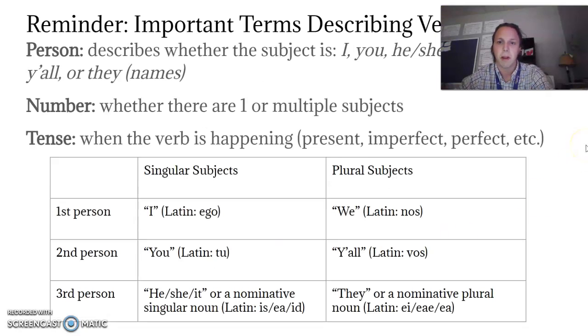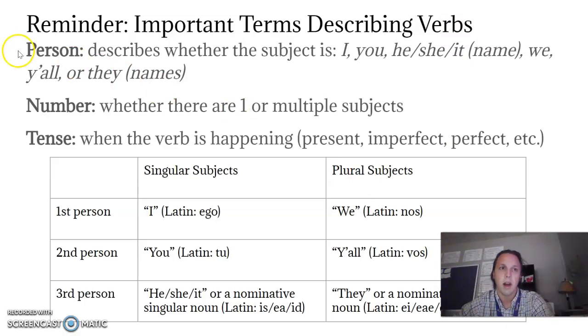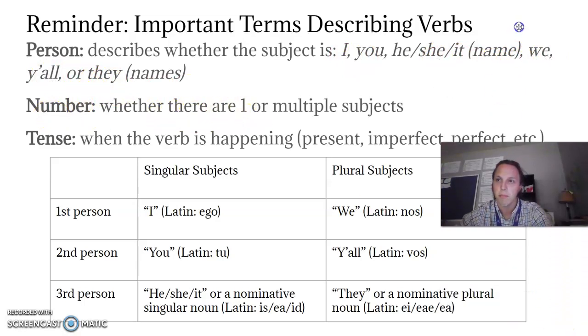All right, so let's start by going back over some important terms that we're going to be using here. When we talk about a verb's person, we're describing the subject: first, second, or third person, be it I, you, or he, she, or it, or we, y'all, or they. Number tells us whether there is one subject or multiple subjects.